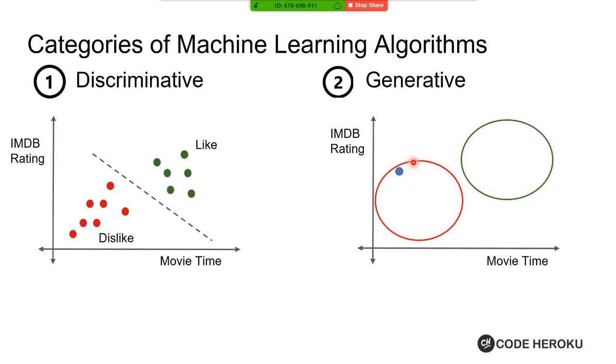So you run your data point through the first classifier over here, and it says that there is I think 40% probability, or even 30% probability, that it is close to me. This red region, this first classifier, will say that there is a 30% probability that the user is going to dislike it.